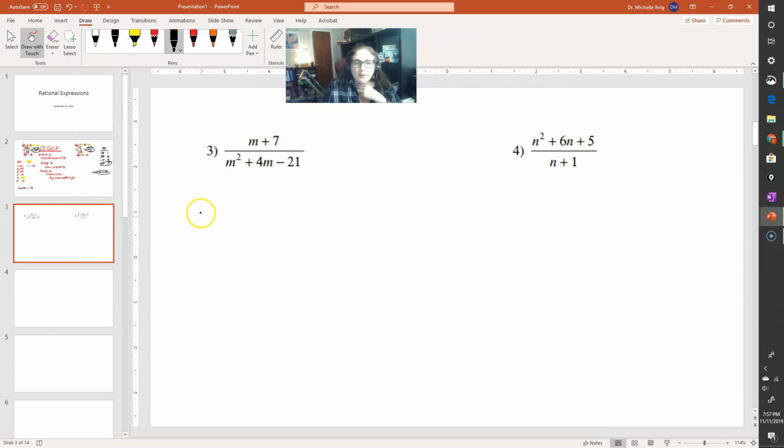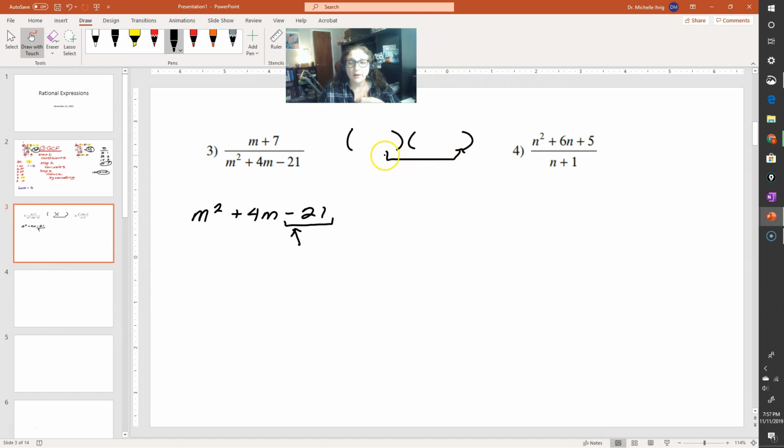First of all, here we have m squared plus 4m minus 21. Here are some tips. This is how I do it. I look at this symbol right here. That means that when I multiply my binomials together for the last step of FOIL, I need to get a negative number. So the only way I can get a negative is if one of these is positive and one of these is negative.